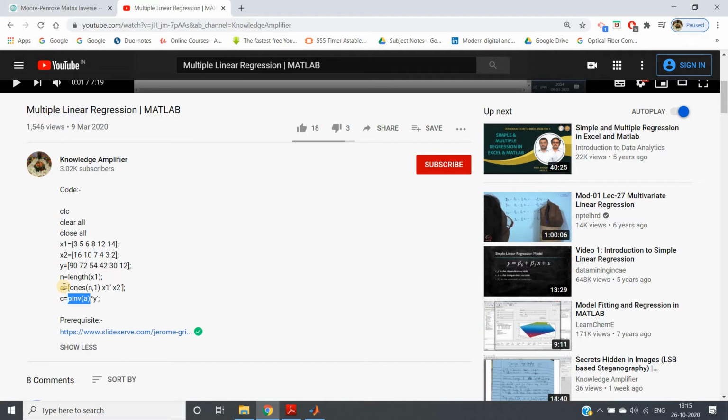It might be a rectangular matrix, not a square matrix, and as you know, only for a square matrix is the inverse possible, for a rectangular matrix it is not possible. So that's why we are using pinv(A).